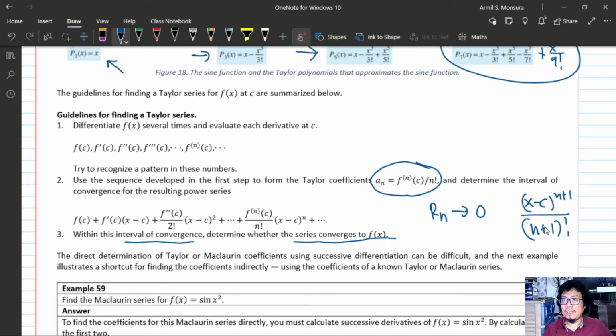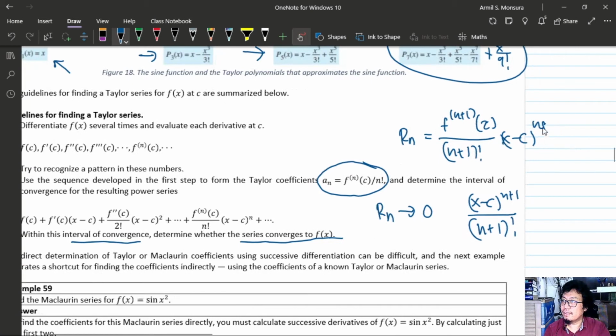We would be cognizant of that if the form of your Rn, which is supposedly the n plus 1 derivative of z over n plus 1 factorial times x minus c raised to n plus 1, has a different form.